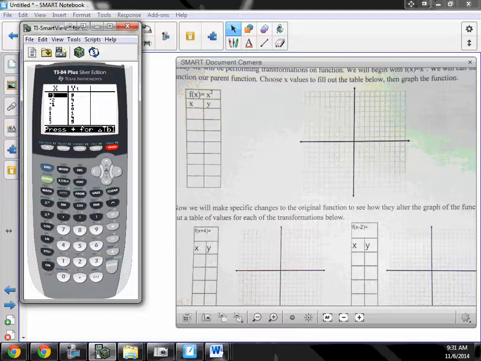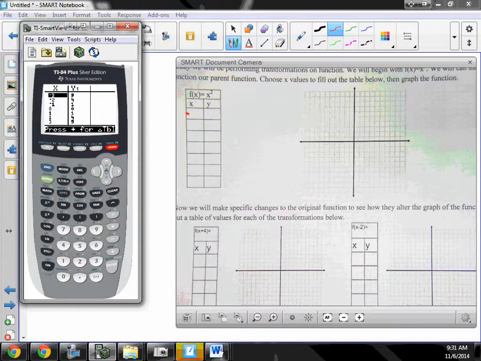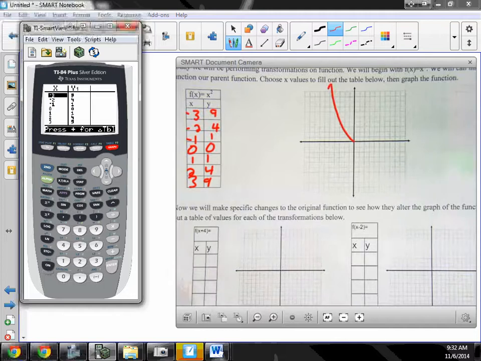So we're going to center all of these tables around the minimum or maximum point. So this one is -3, 9, -2, 4, -1, 1, 0, 0, 1, 1, 2, 4, and 3, 9. So that's going to look something like this.